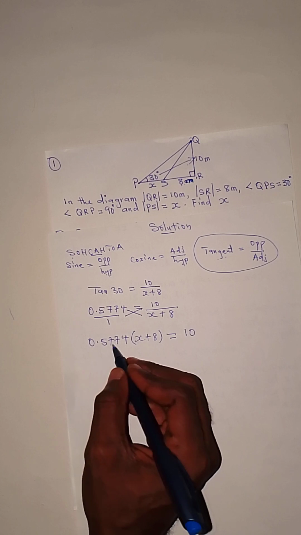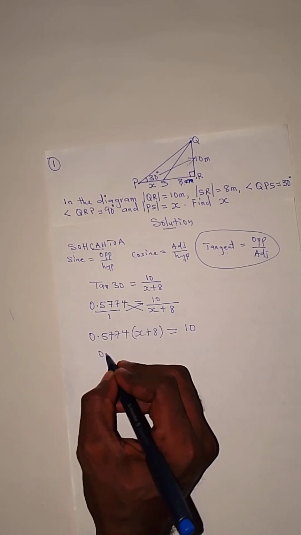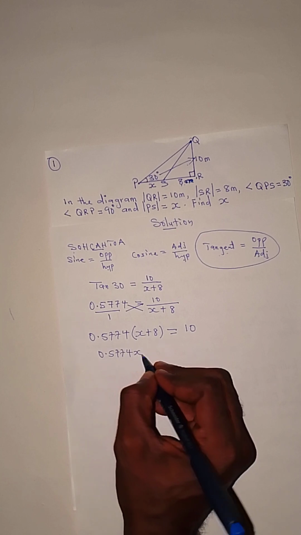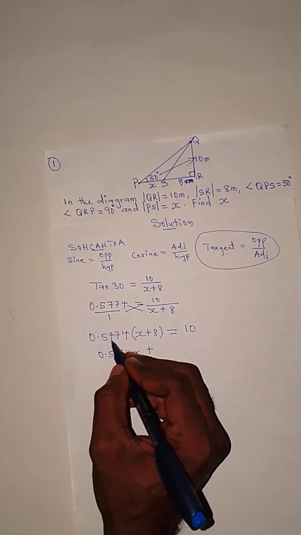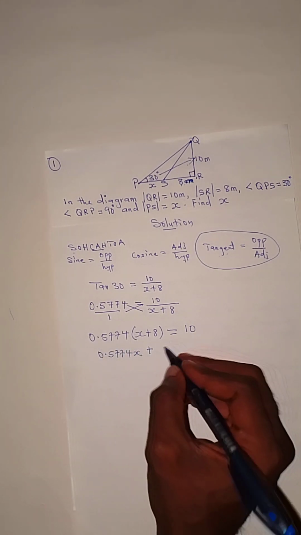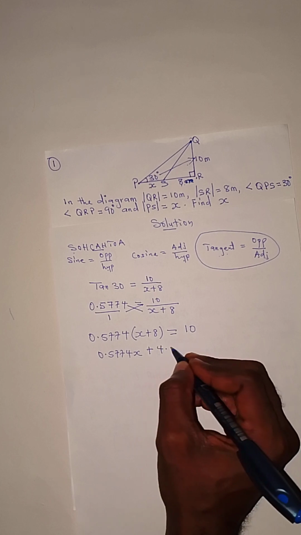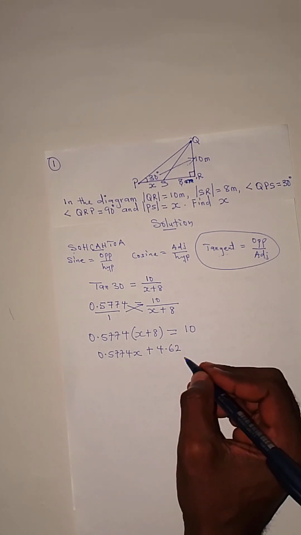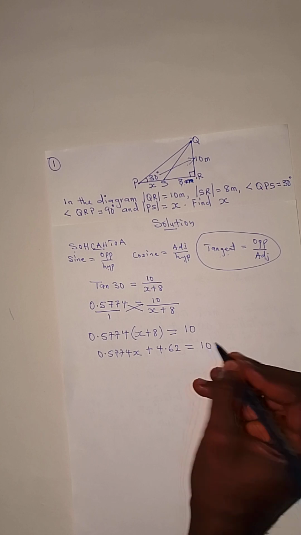So 0.5774 times x, that will give us 0.5774x plus 0.5774 times 8, that's going to give us 4.62, 2 decimal places, which is equal to 10.